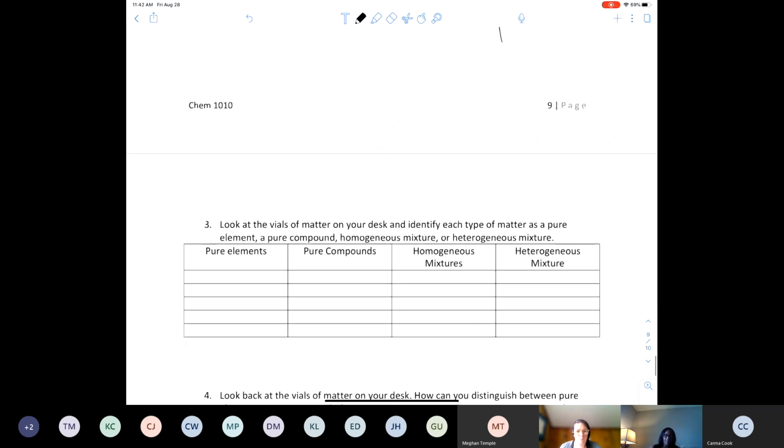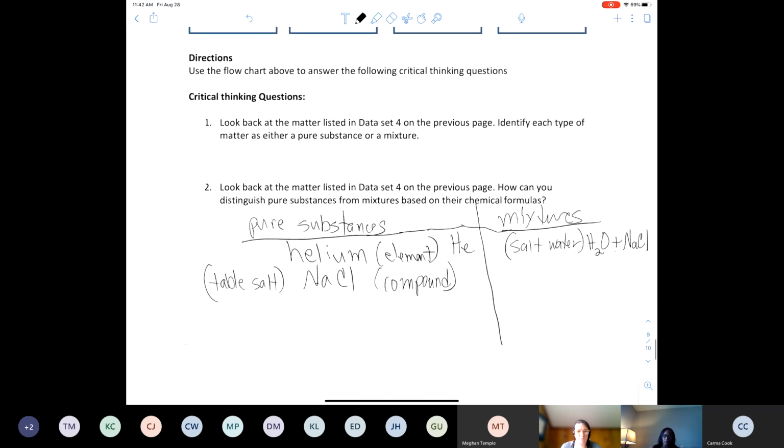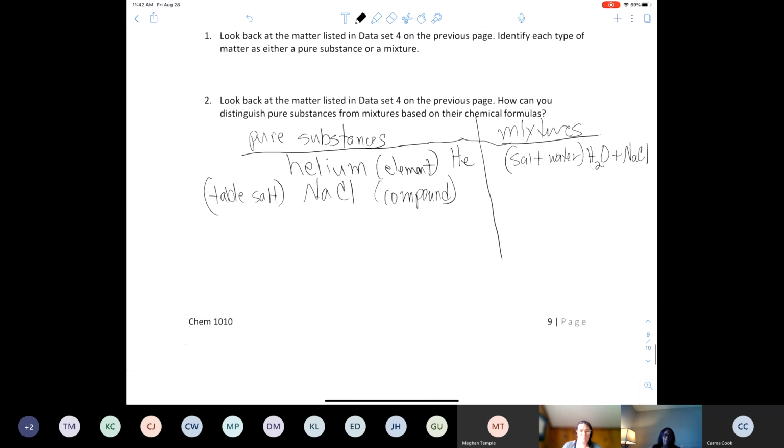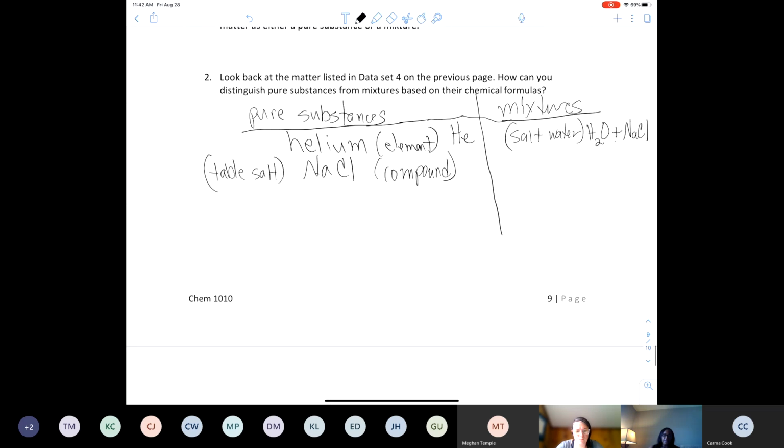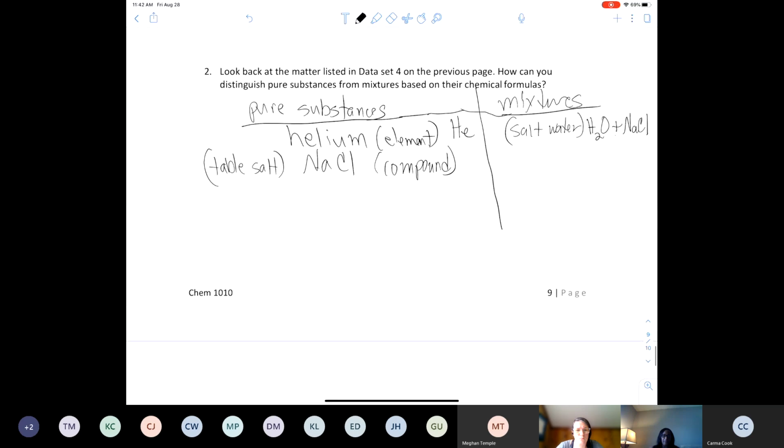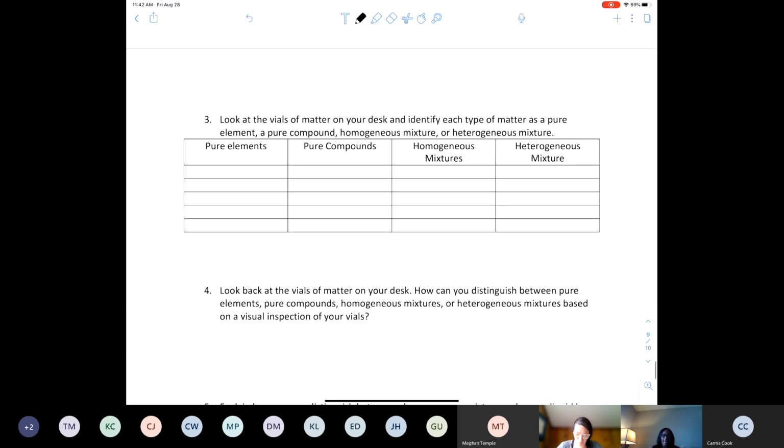And so I think we got through question 2. For question 2, you just basically distinguish how pure substances and mixtures are different from each other based on chemical formulas. We talked about that one. And then looking back at the vials, this is what I was doing initially.